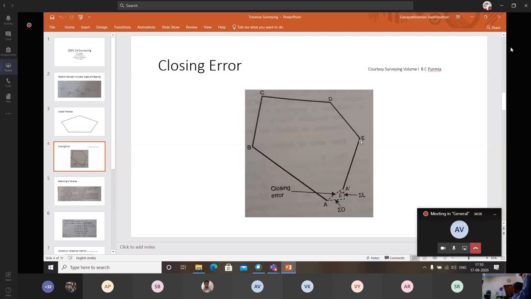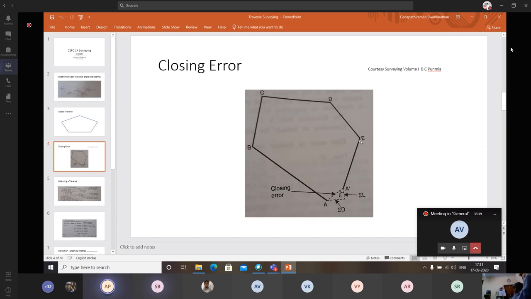Now you come to this figure. What do you understand in this figure? You started with the A. You have taken observation at the point E towards what point?